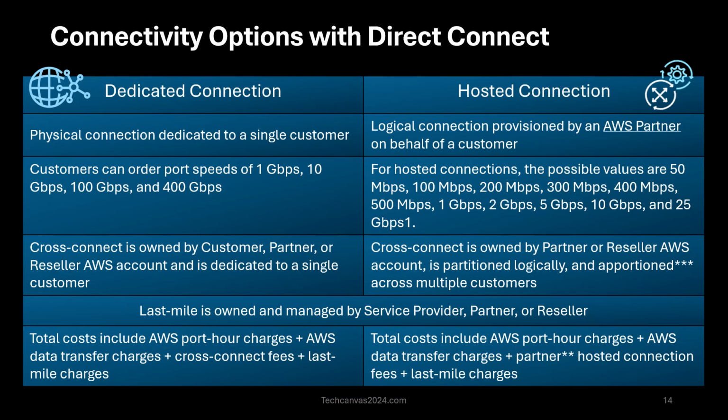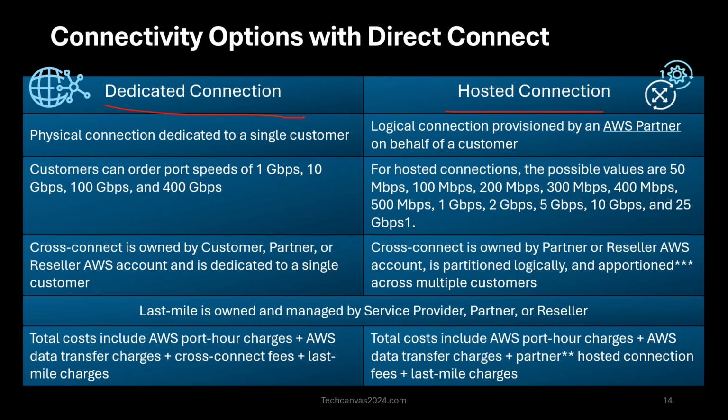As we keep talking about the AWS Direct Connect location, we discussed your dedicated connection and hosted connection. There are a few differences, and a few use cases to satisfy before deciding whether you would like to go for a dedicated connection or a hosted connection, because there is an implication of cost.